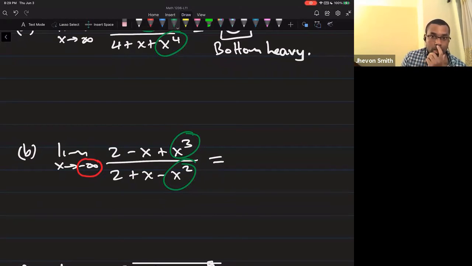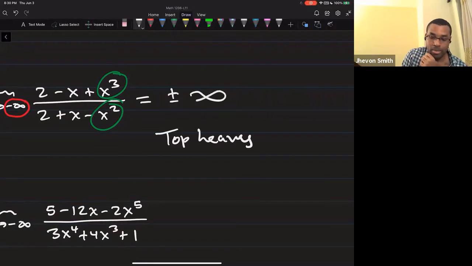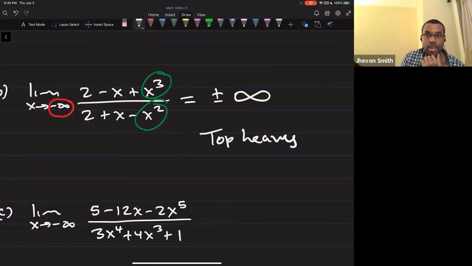So now you notice who's the bigger one. Here, the larger one is in the top, which tells you right away it's top heavy, which tells you right away it has to be infinite. Now the question is, which infinity?